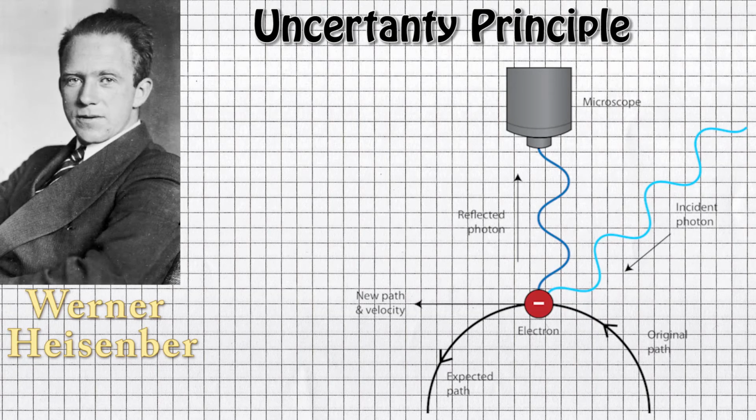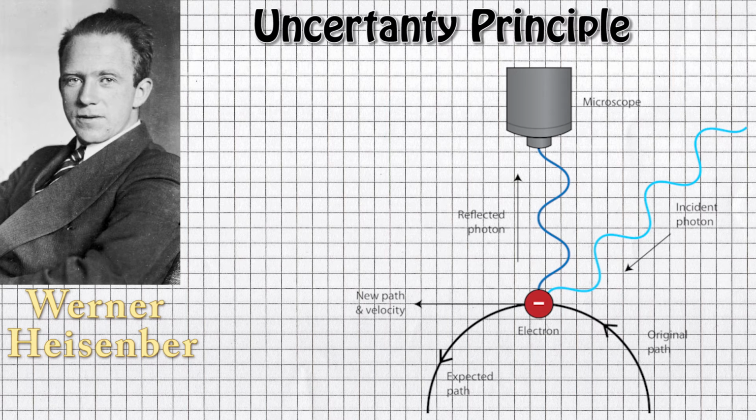In fact, Werner Heisenberg stated the uncertainty principle, which states that if you shoot this beam of light, you cannot have the proof that this electron was there.